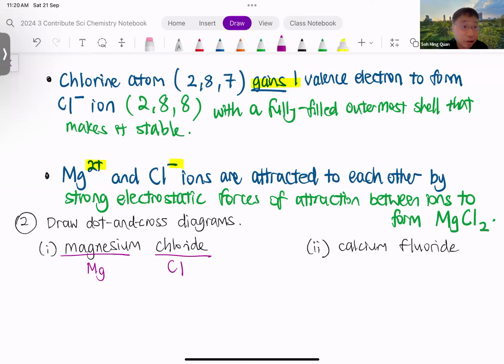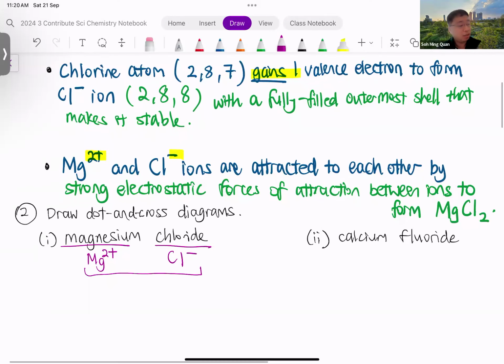Once you have worked out the valence electrons, you can immediately work out the charges that it will form on its ions. Just now we said magnesium loses 2 valence electrons. So magnesium forms Mg2+. Chlorine gains 1 valence electron. Gains 1 electron. Electron is negative, so it's minus. And so the formula, as we said, the positive and negative have to balance each other out and cancel each other out.